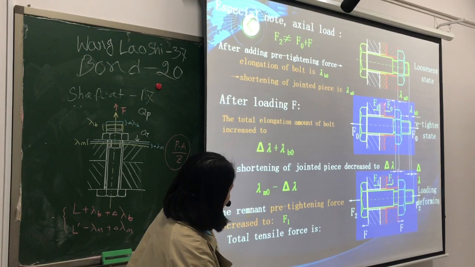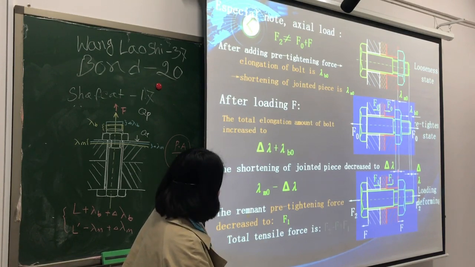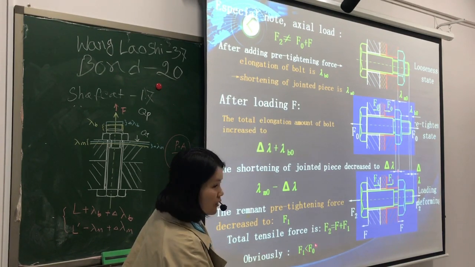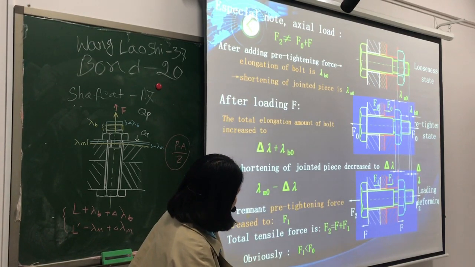This is the preload, and this is the remnant preload, and F1 is less than the preload F0. And the total tensile force F2 equals F plus F1.